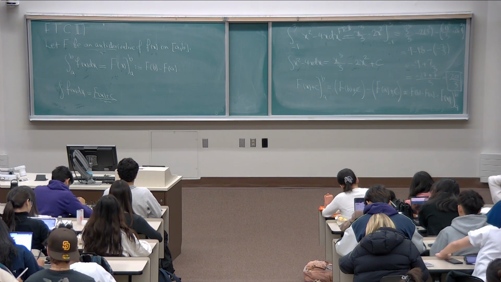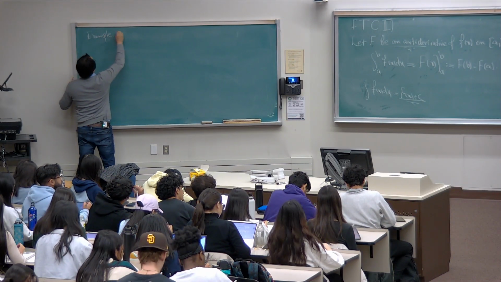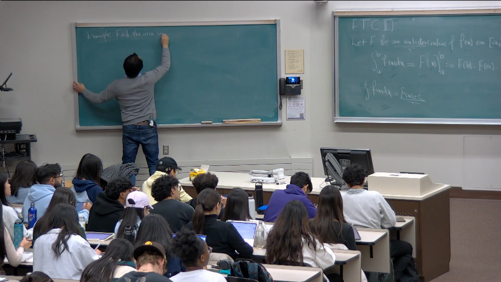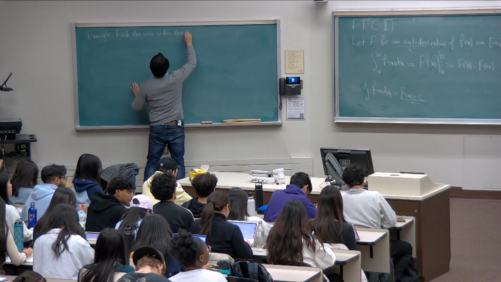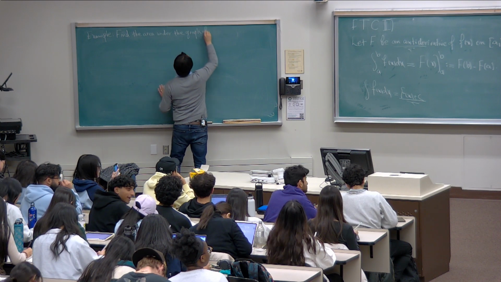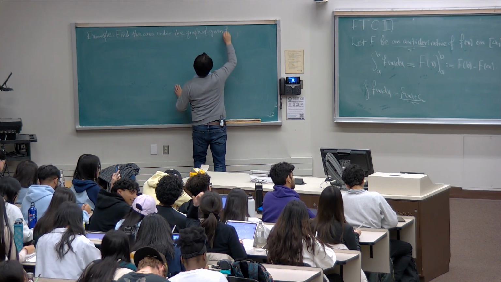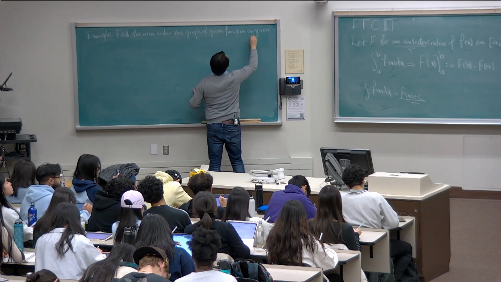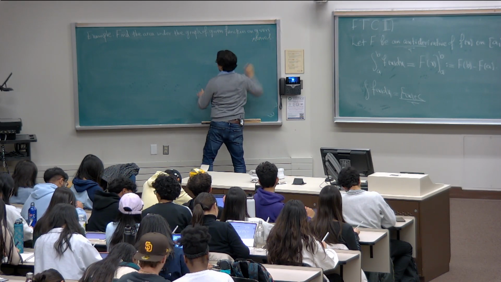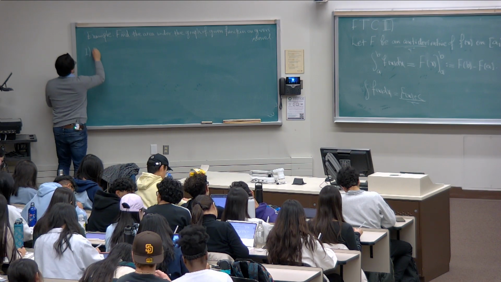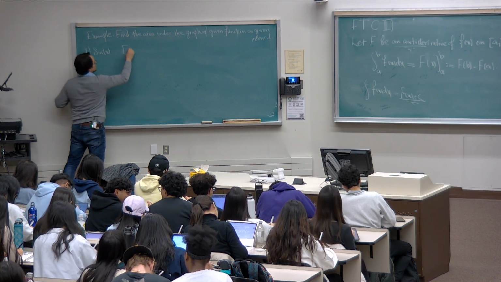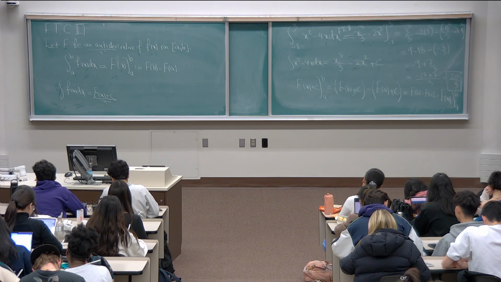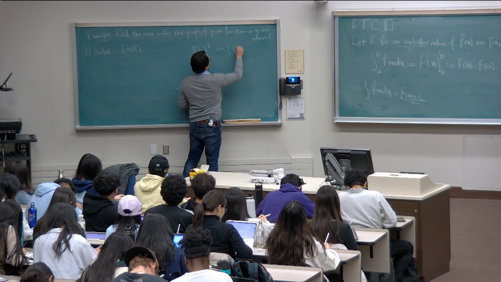Example: find the area under the graph of a given function on a given interval. Sin x on 0 to pi, 2 to the power x on 1 to 2.